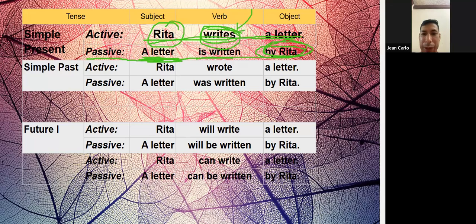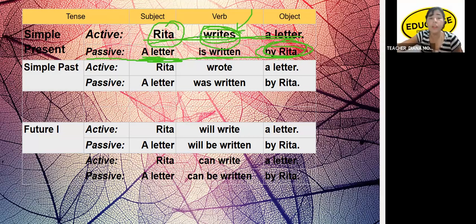So what you are going to do to create a passive voice is use the form of the verb to be of the form in active voice. So this active voice is in present. You are going to use the verb to be in present. This is in past. Let me erase it.